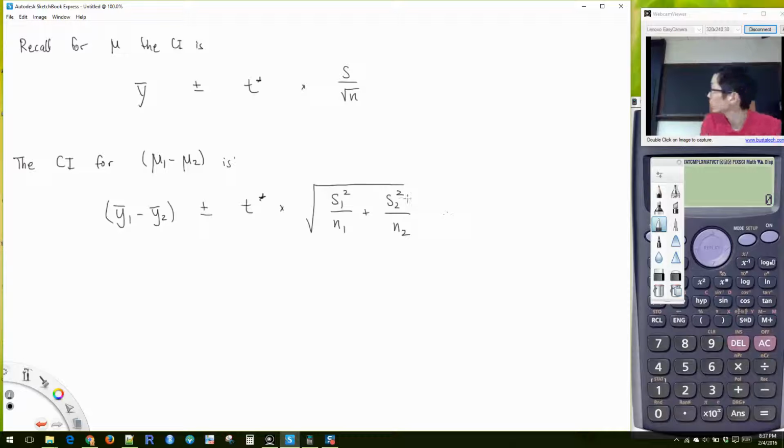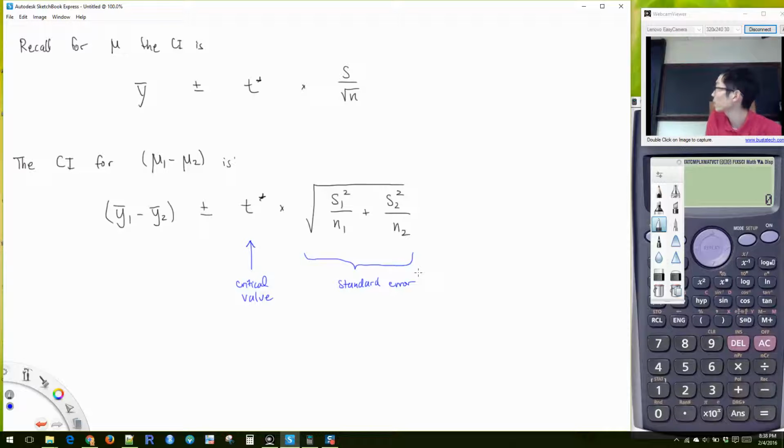If we look at this, we see that it follows a similar form. Here's our critical value. This quantity is still called our standard error. Yes? Why is the whole thing square rooted? It's just s over the square root of n.